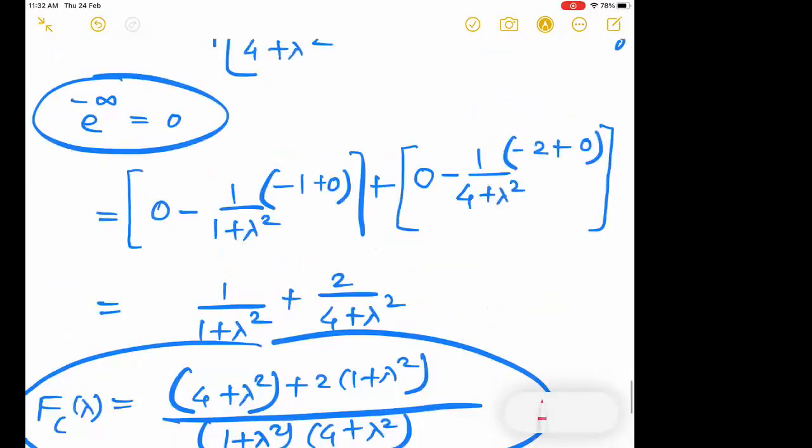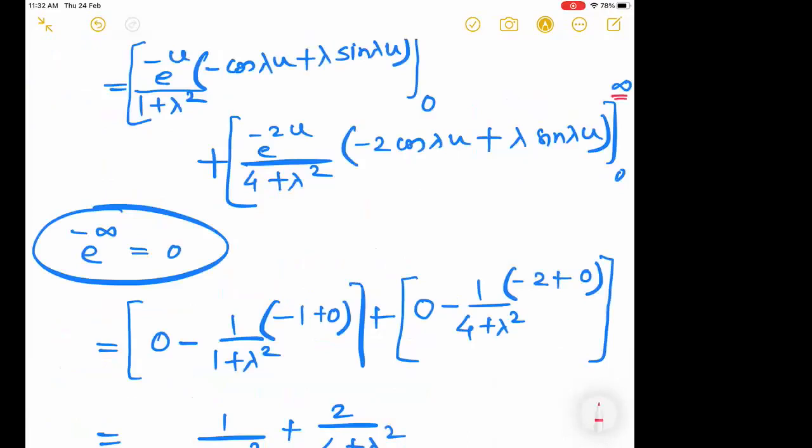See, the upper limit is infinity, for which e raised to minus infinity will come in both. Correct? So e raised to minus infinity, you have to put the answer as 0. That means the first term vanishes in both the terms. And for the second term, for the lower limit answer, we are writing a negative sign. The lower limit is 0. E raised to 0 is 1 upon 1 plus lambda square. And inside the bracket cos of lambda u.